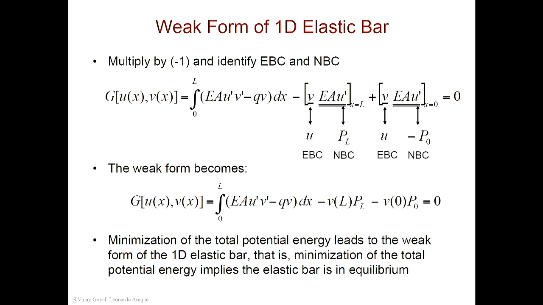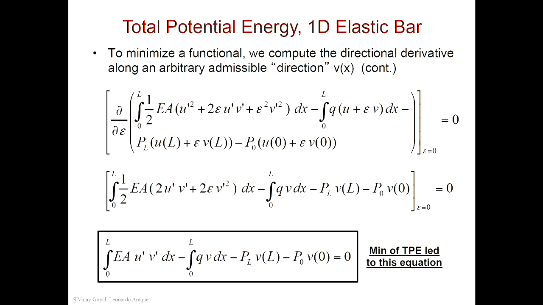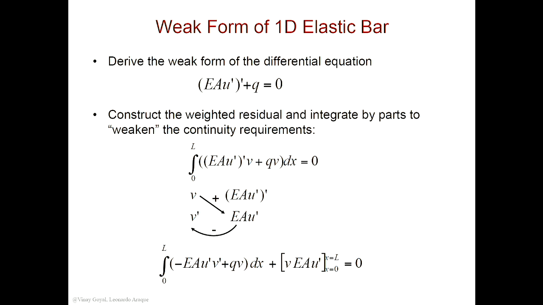I just got the weak form. So I minimized the total potential energy, and then what I got was a weak form. But the weak form came from this governing equation. So it's connected. The minimization of the total potential energy also implies this governing equation.